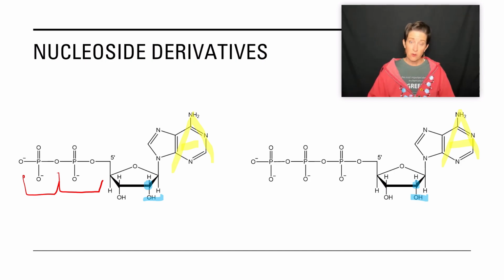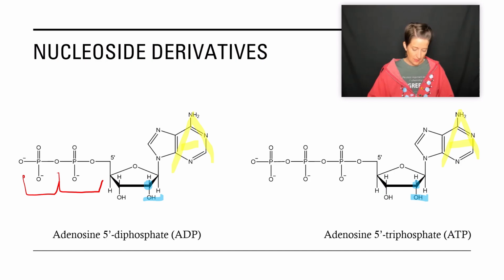As we saw before, we always name the nucleoside, then add the prime carbon, followed by how many phosphates. So in this first one, we have the ADP. A is for that adenosine. The D is for di.